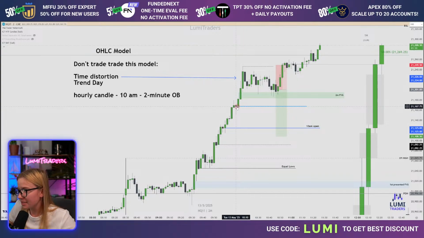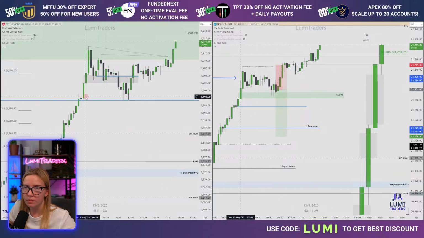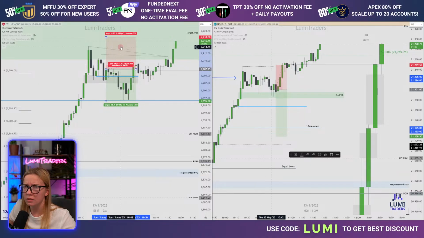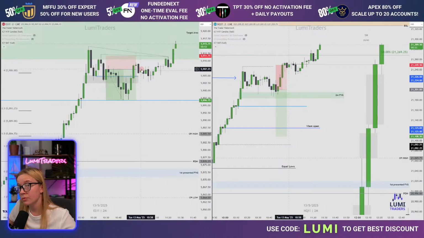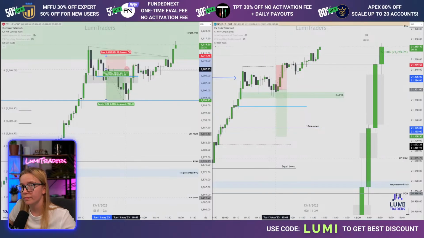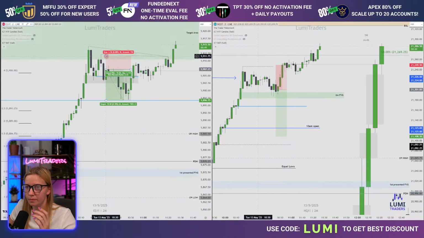This is what I want to try, guys. Oh, it worked on ES. Honestly, I would not say it worked on ES. Oh, we got 2R. Yeah, by the way, on ES it worked out. See this? We got 2R.